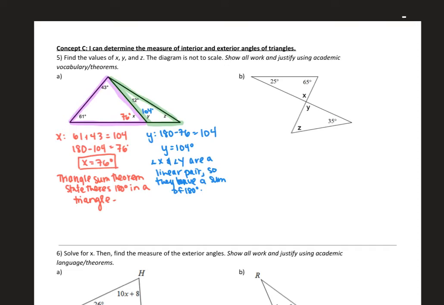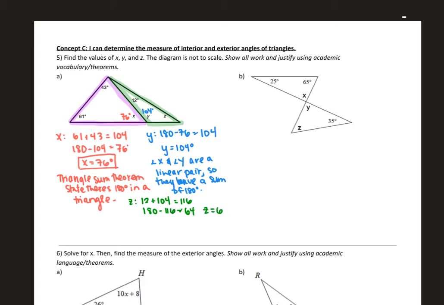All right, lastly, we're going to solve for angle z. So angle z is part of the green triangle, so we're going to use triangle sum theorem again. So solving for angle z, we're going to do 12 plus 104, which is 116, and then we're going to subtract from 180. So 180 minus 116, we get 64 degrees.